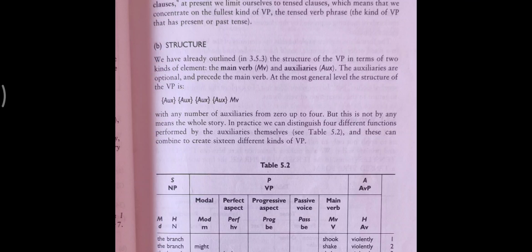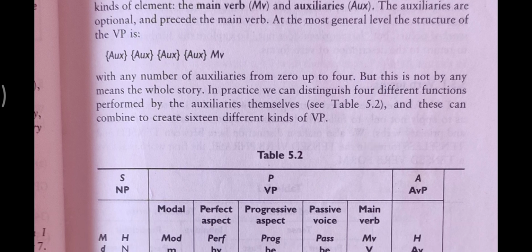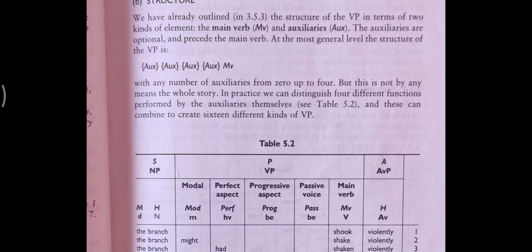The structure is like this, the optional ones in curly brackets: auxiliary, auxiliary, auxiliary, auxiliary, main verb. We can remove the auxiliaries, but not the main verb. But this is not the whole story.